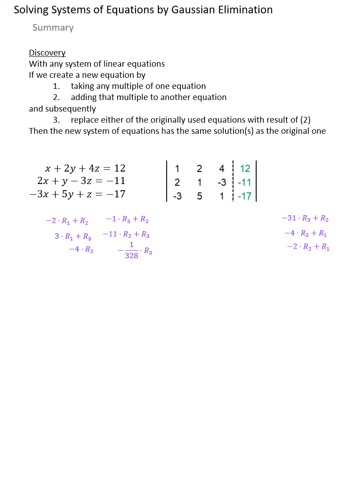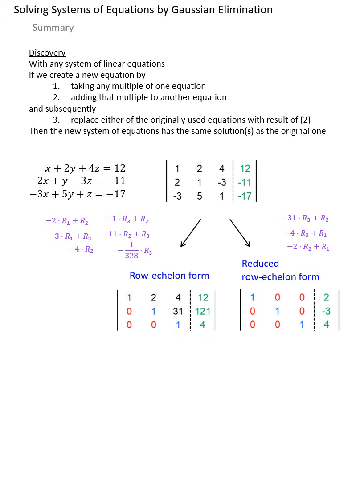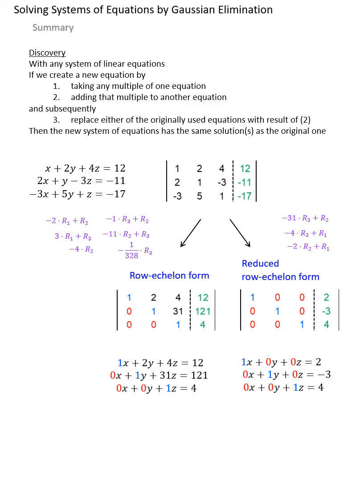That's your job, to create either row echelon form or reduced row echelon form, either one, thus leading you to a system of equations that's much simpler to solve than the original, either one of which will lead you to the solution in the end. I hope this video has helped you get a better understanding of what Gaussian elimination is, and that concludes this lesson.